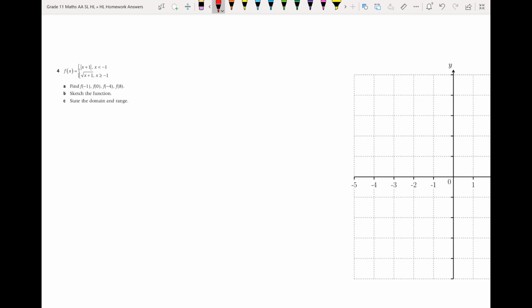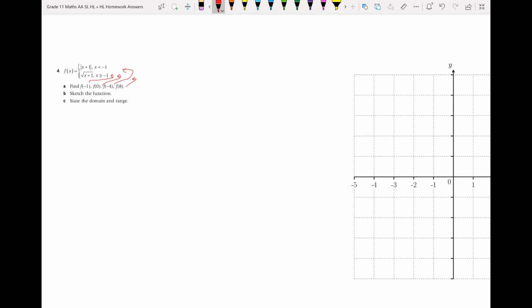Four. So this comes from the second piece. The next one comes from the second piece as well. Third one comes from here. So 3 of these pieces actually come from the second piece.